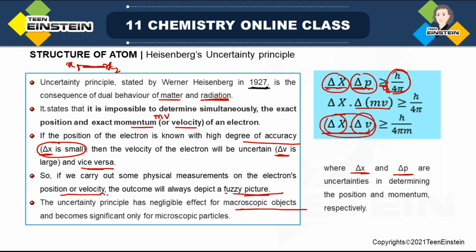That is why it is mentioned in the second point. The actual principle is stated for the electron, because it is mostly true for microscopic particles, not macroscopic ones. For macroscopic objects, you can easily calculate position and velocity simultaneously, but not for microscopic particles.